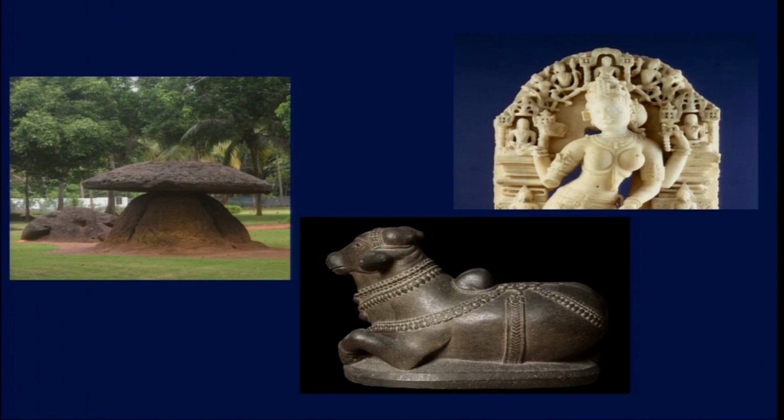So those are the ones where we find the same stone made into objects of daily use, whereas the same stone is used for making the images of deities and so on. So these are the different ways in which both the immovable and the portable items are made of stone.